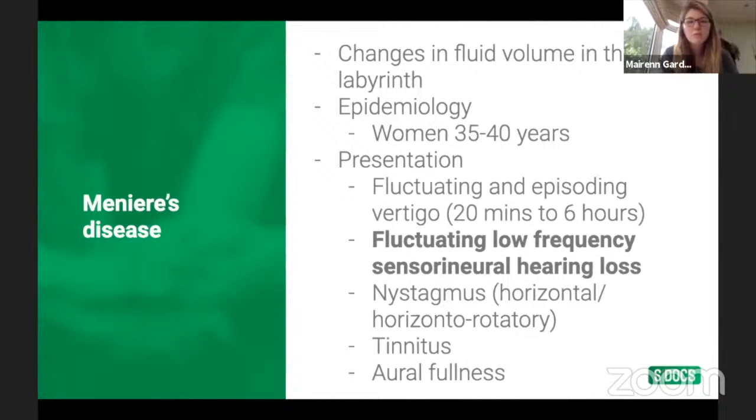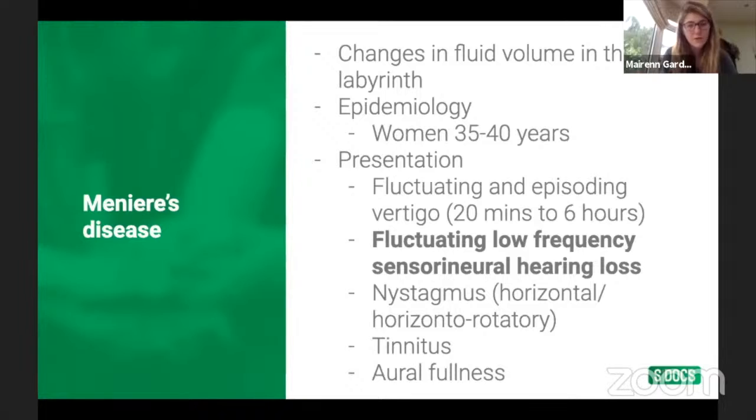It's most common in women between 35 to 40 years of age, and they'll present with fluctuating and episodic vertigo between 20 minutes to 6 hours. The hearing loss tends to accompany the vertigo, so it will accompany the episodes of vertigo. And when the vertigo improves, the hearing loss will also improve.